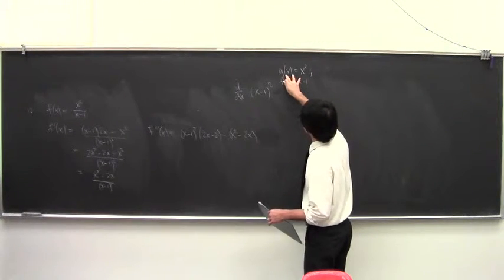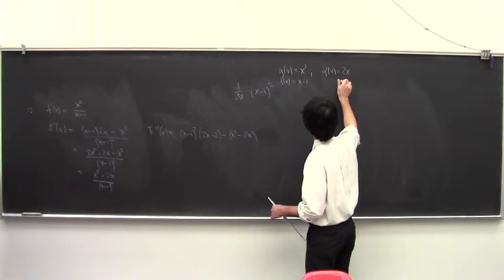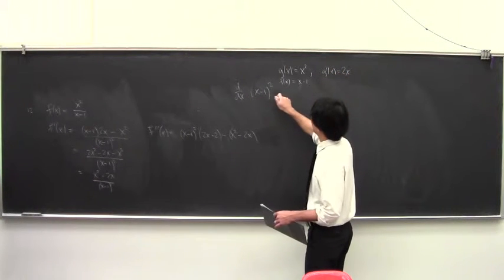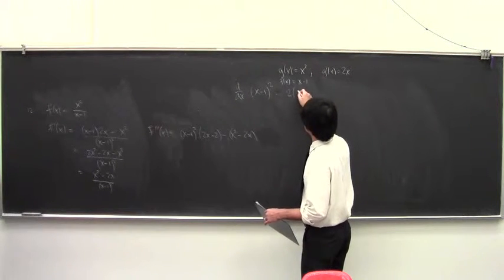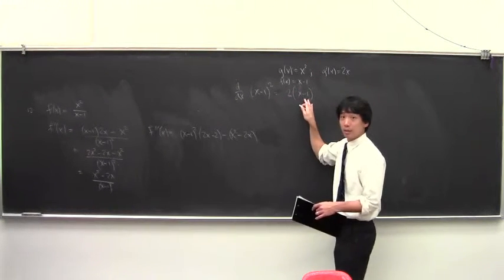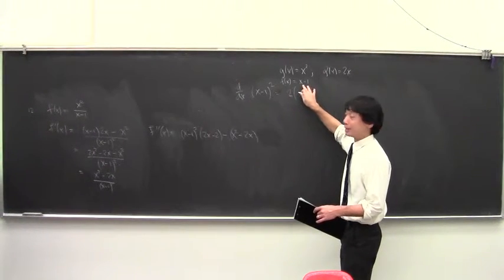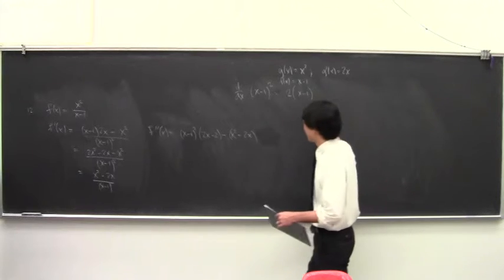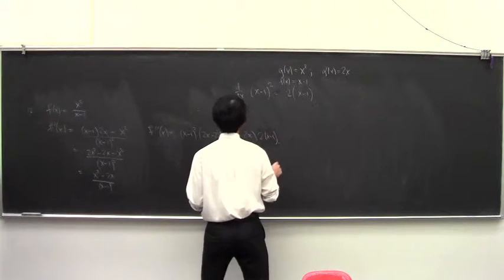So you differentiate the outside guy, and you evaluate that at the inside guy. Right. So you get 2 of f of x, right? And then you multiply by the derivative of the inside guy. Well, that's just 1. So you get 2 times 1, right?